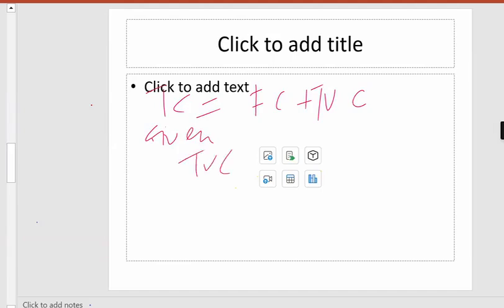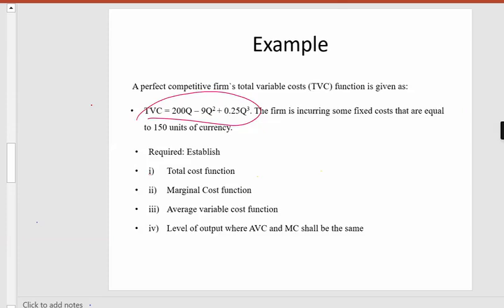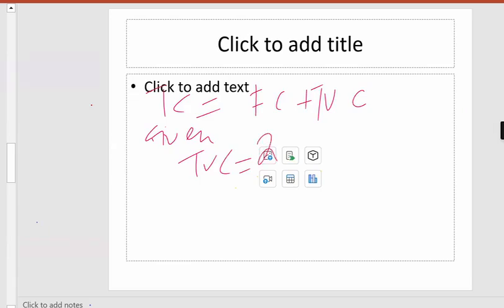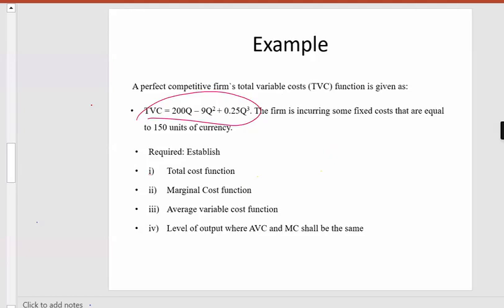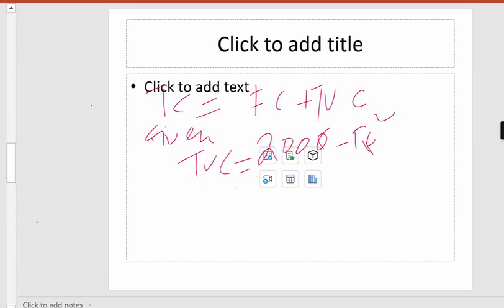Total variable cost, how much has it given you here? It has given you 200Q minus 9Q square, plus 0.25Q cubic, right?